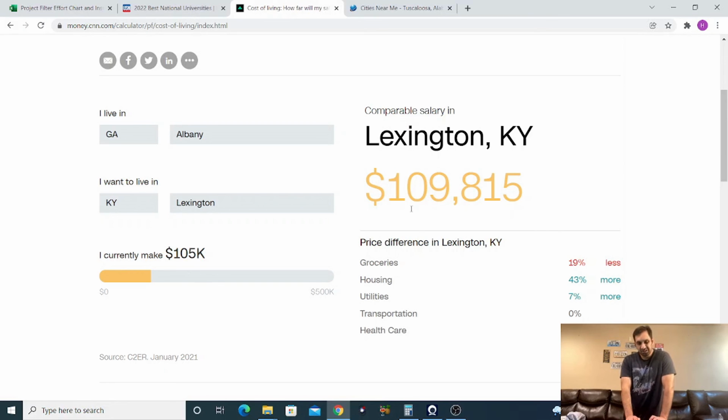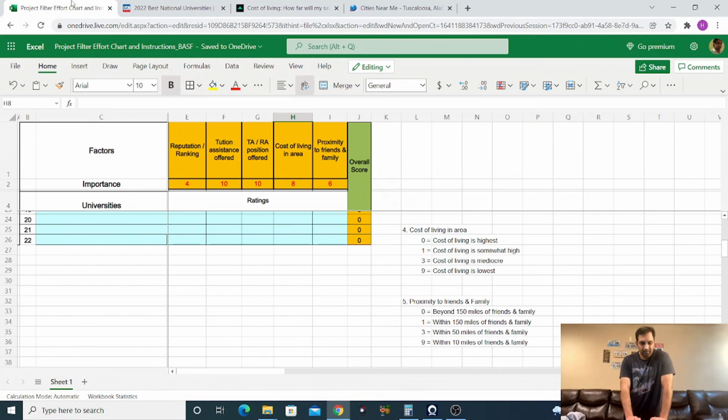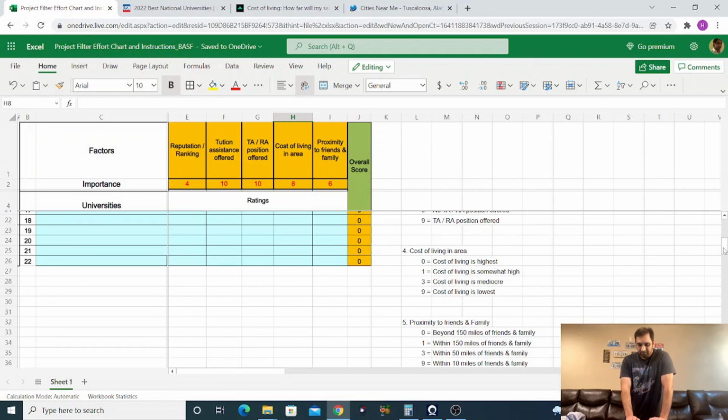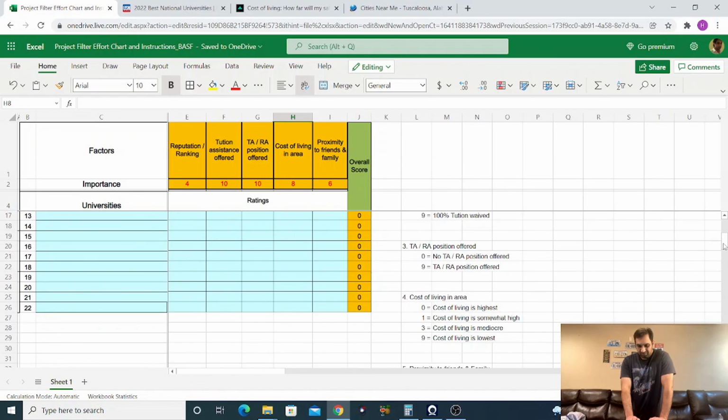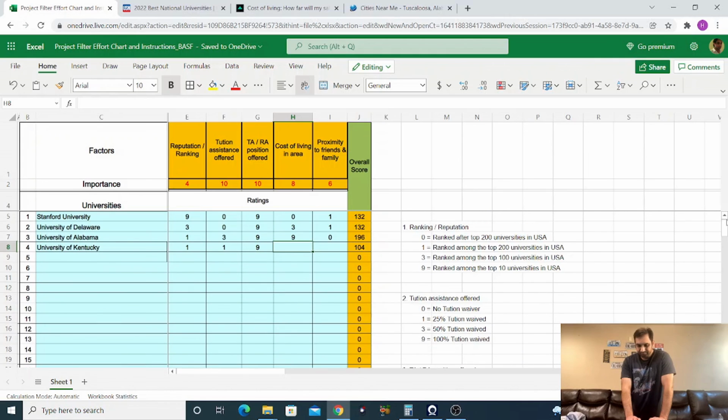But here you can see it's pretty close. I mean, 5,000 annually is not a major difference. So you go back to your spreadsheet. Then cost wise, it's a little bit more than the lowest, so I'll give it a 3. So let's do a 3 here.